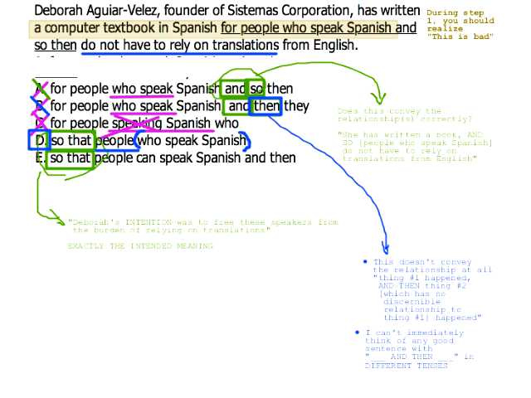Choice E says that she wrote a textbook so that people can speak Spanish, as though those people were unable to speak Spanish until she published a textbook. That's weird. You could publish a traveler's guide to Spanish so that people can speak Spanish quickly and easily while traveling. Yeah, something like that.